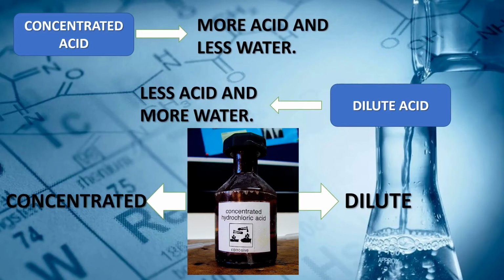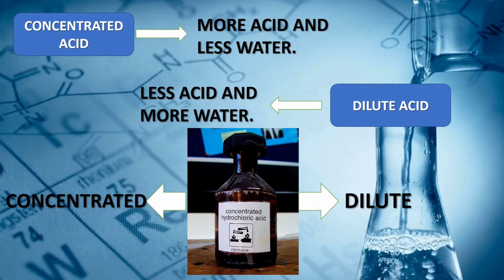If I want concentrated hydrochloric acid, I have to take more acid and less water, or no water. And for dilute hydrochloric acid, I have to add more water to the hydrochloric acid so that it becomes diluted.